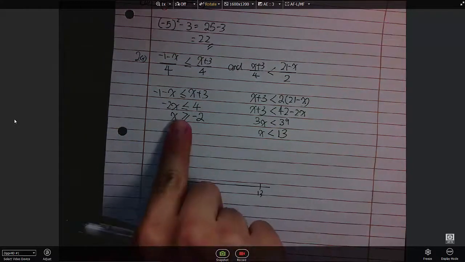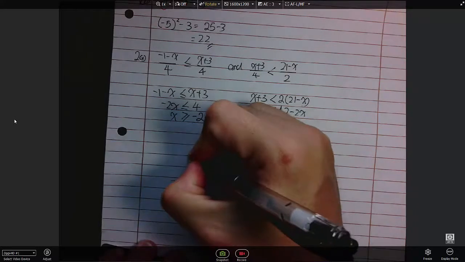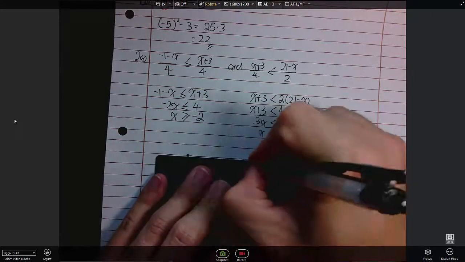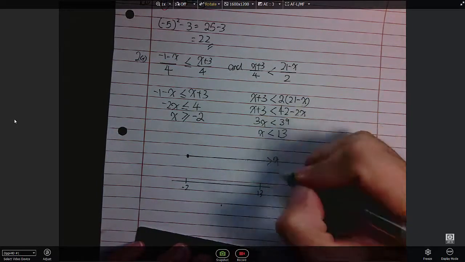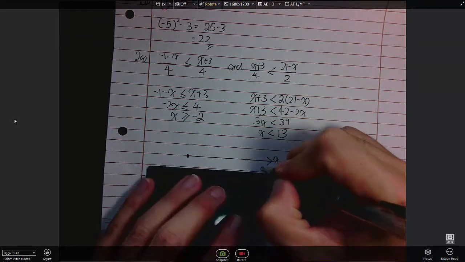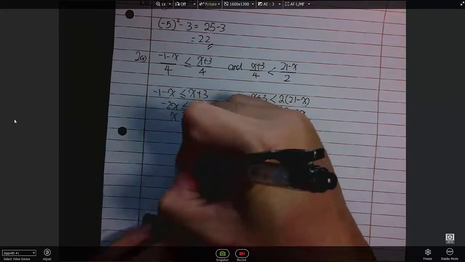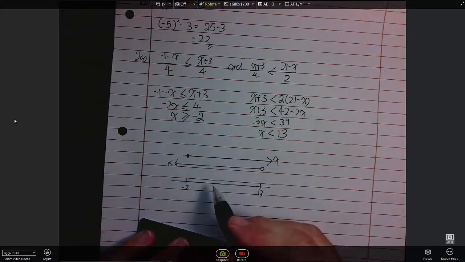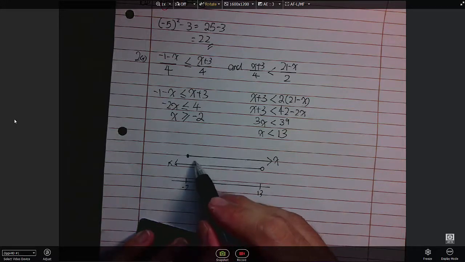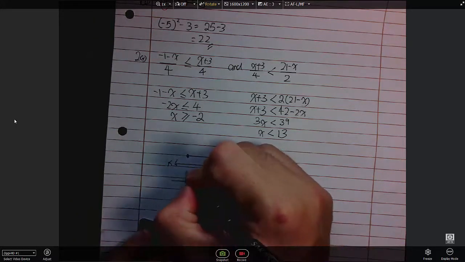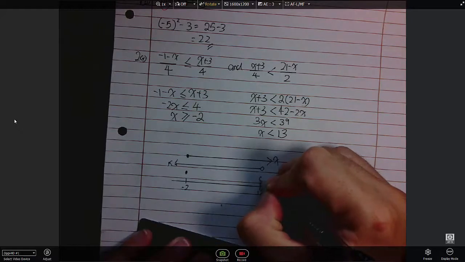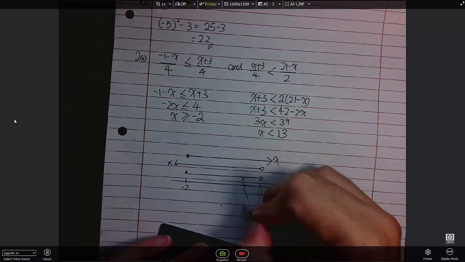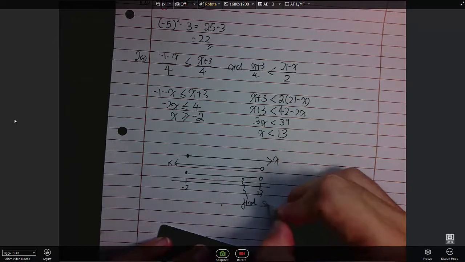So this first inequality here, x is greater than or equal to negative 2, I draw with a black dot, which means that it is inclusive. This one, x is less than 13, I draw like this. So if you look for the intersecting portion, which is over here, what I get is negative 2 and 13, like this. And this portion here is my final solution.